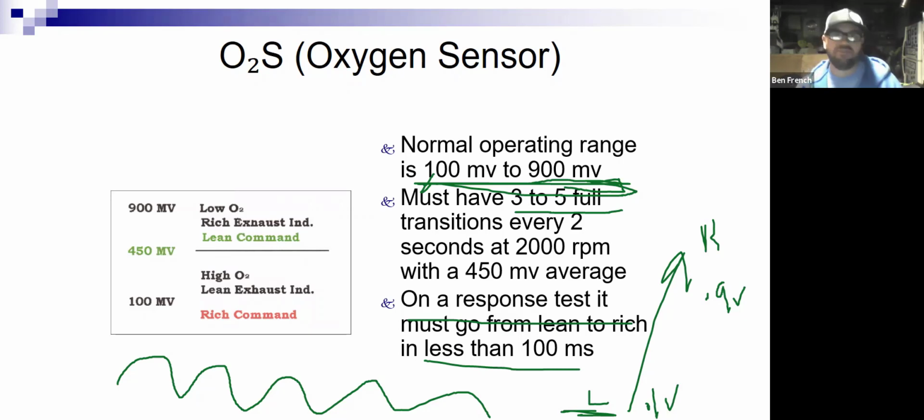I've tested hundreds of O2 sensors with my oscilloscopes over the years, and a brand new sensor usually will do it in less than 40 milliseconds, like 37, 35, 39 milliseconds. When a sensor starts getting tired, it's 80 or 90 milliseconds. A sensor that's really getting lazy and slow will take over 100 milliseconds, and a good OBD2 system will actually set a code for that, for O2 sensor performance.